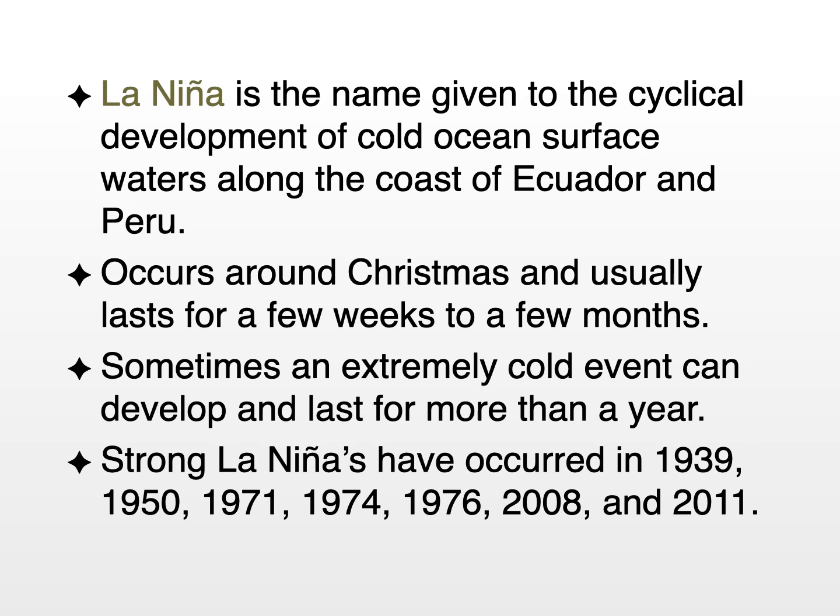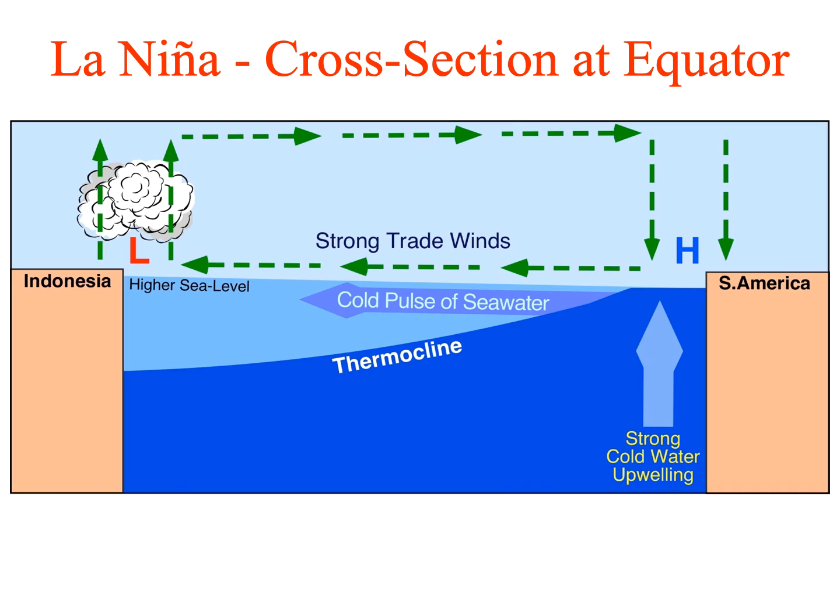Strong La Ninas have occurred in 1939, 1950, 1971, 1974, 1976, 2008, and 2011. And in fact, we have La Nina occurring right now in 2020-21.